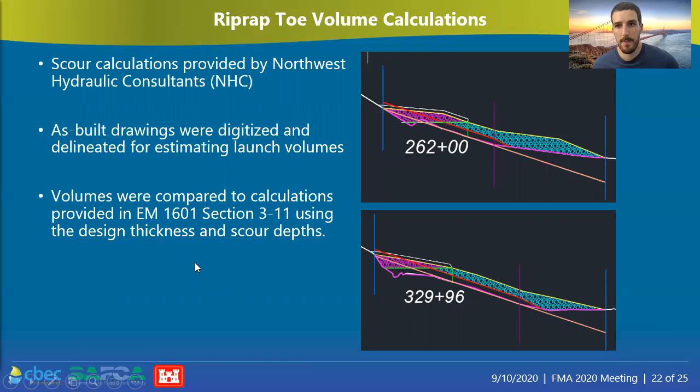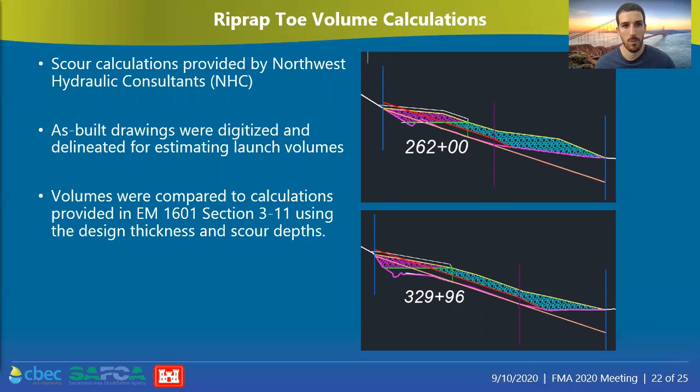Lastly, after the bathymetric rock evaluation data was collected, we use that to make a determination if the as-built information adequately captures present-day conditions. If so, we're able to use those as-built drawings to digitize and delineate the cross-sections to estimate toe rock launch volumes.